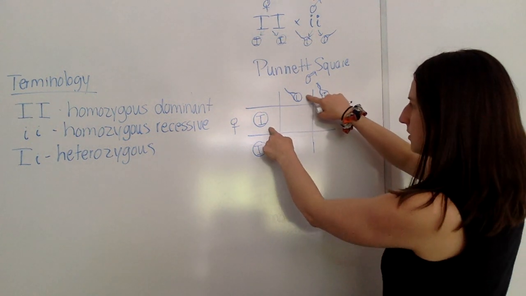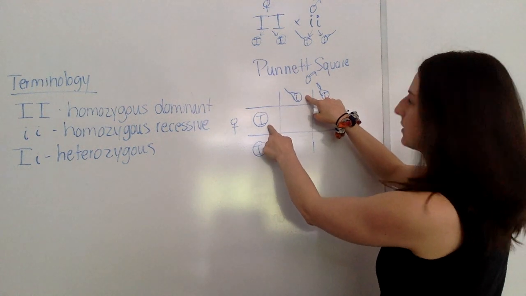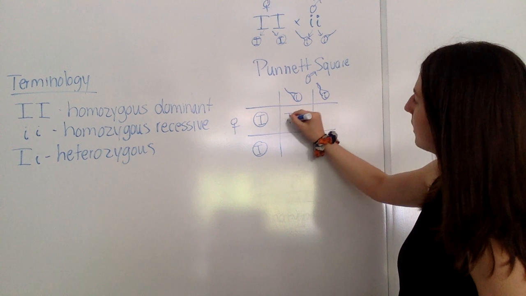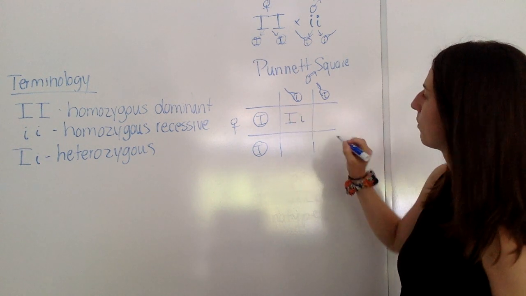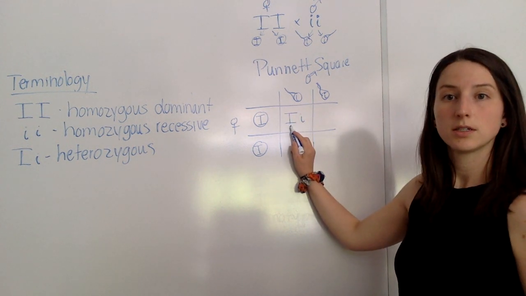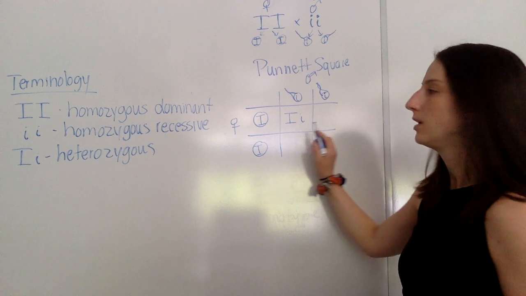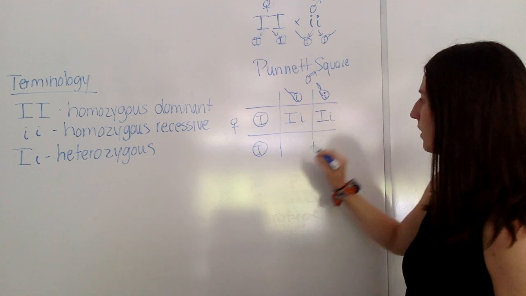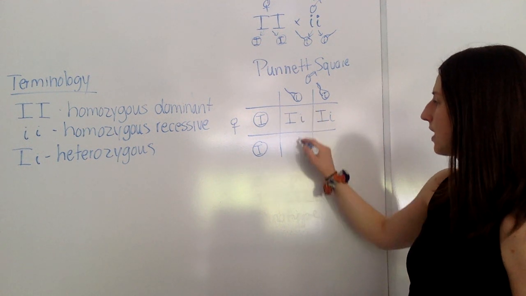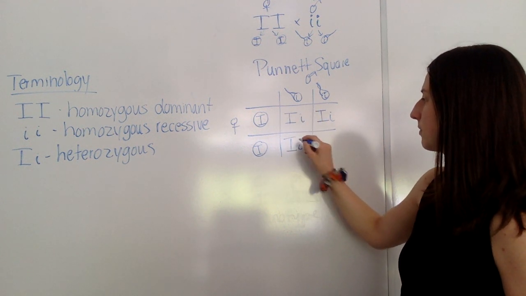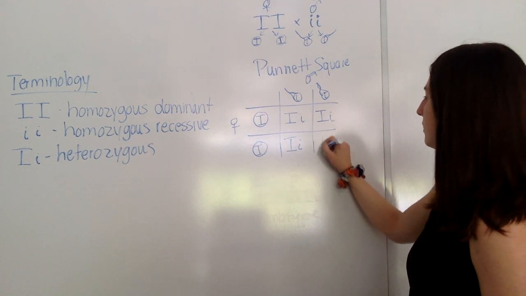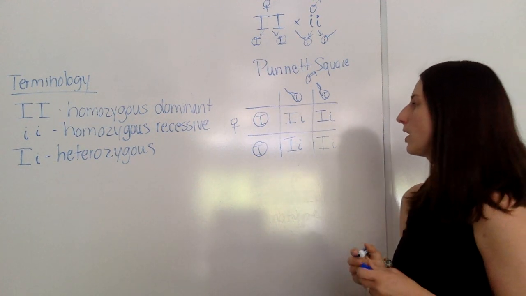If this egg combines with this sperm, we see an offspring with one dominant allele and one recessive allele. If this egg combines with this sperm, same. If this egg combines with that sperm, same thing. And if this egg combines with this sperm, again, same thing.